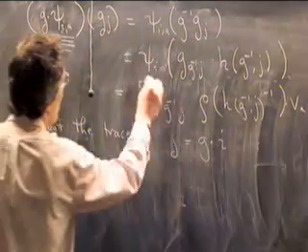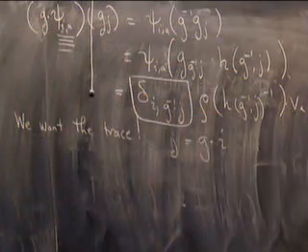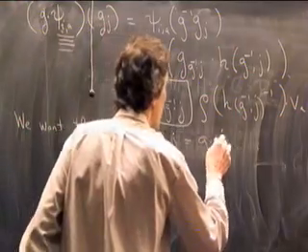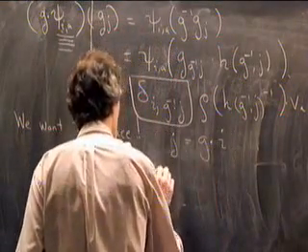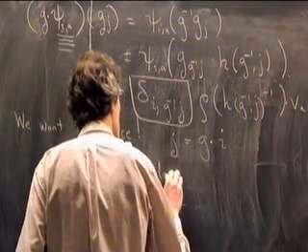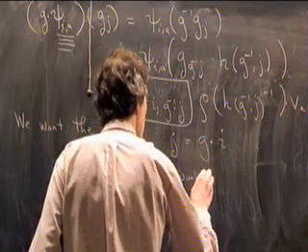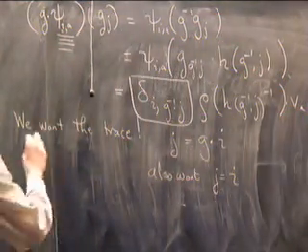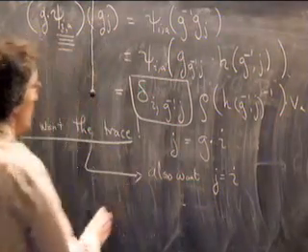So this is only non-zero when j equals g dot i, but we also want j equals i, because we want the trace.